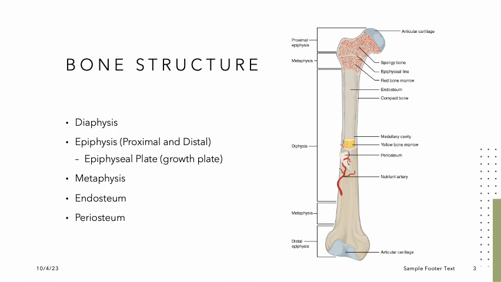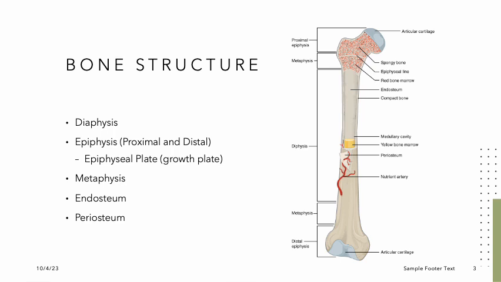The diaphysis is the whole middle part, and the metaphysis is the part in between where it starts widening to go to the actual ends. So the long middle part is the diaphysis. Above that is the metaphysis, and then past the plate, or the epiphyseal line, the growth plate, becomes your epiphysis. That's the end of the bone.